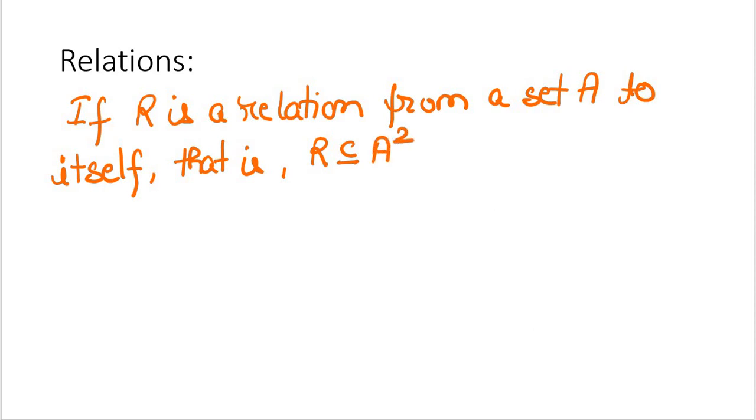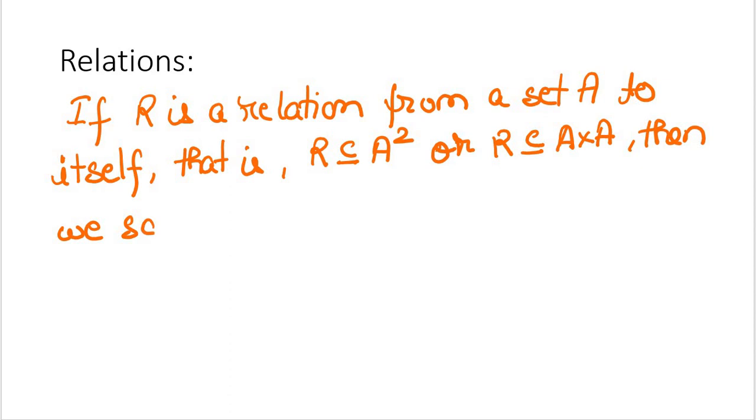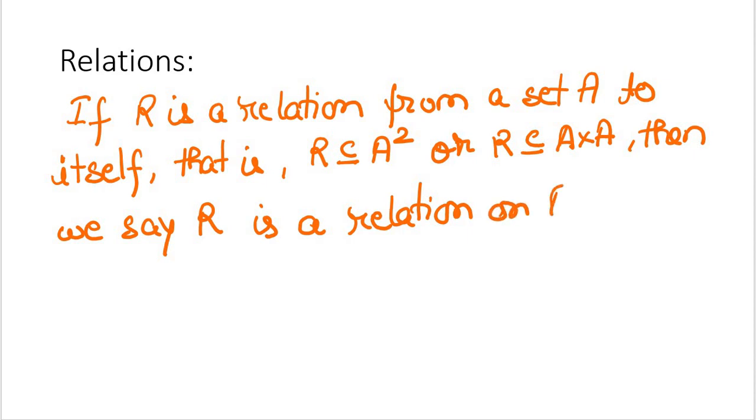A square here means A cross A. Let me once again write it so that there is no confusion: R will be a subset of A cross product A. Then we say R is a relation on A.